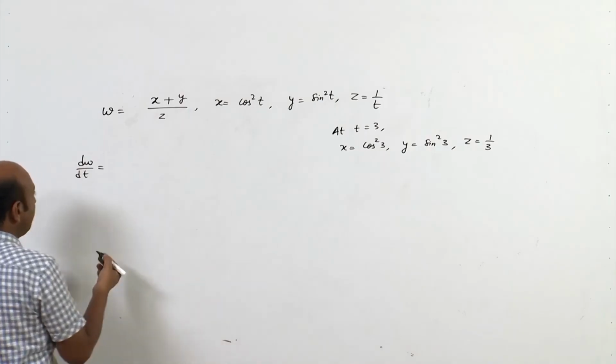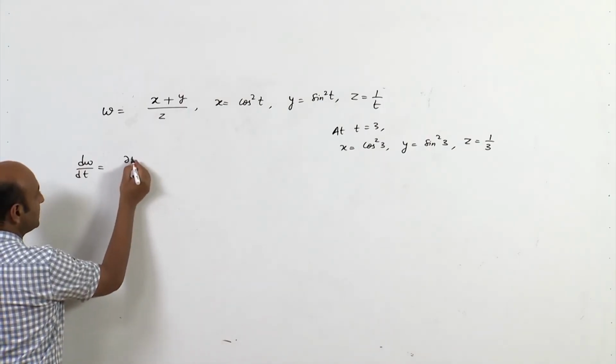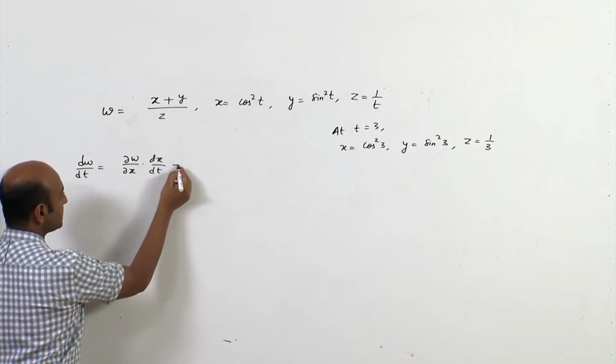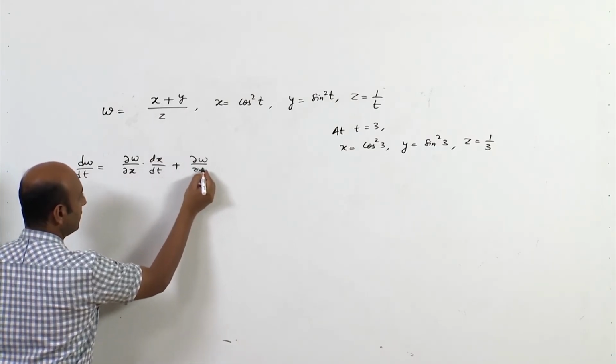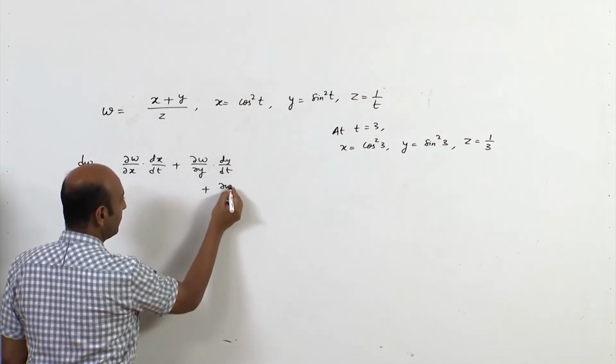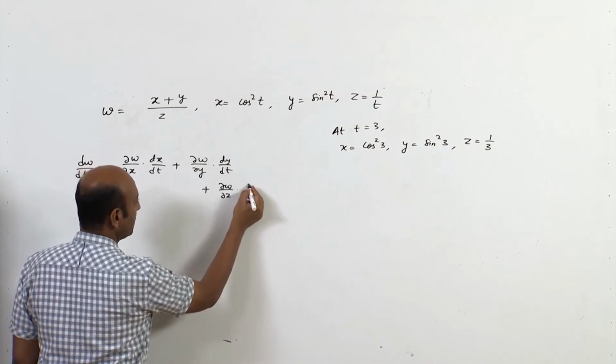Now, dw by dt, again by the chain rule, is del w by del x into dx by dt plus del w by del y into dy by dt plus del w by del z into dz by dt.